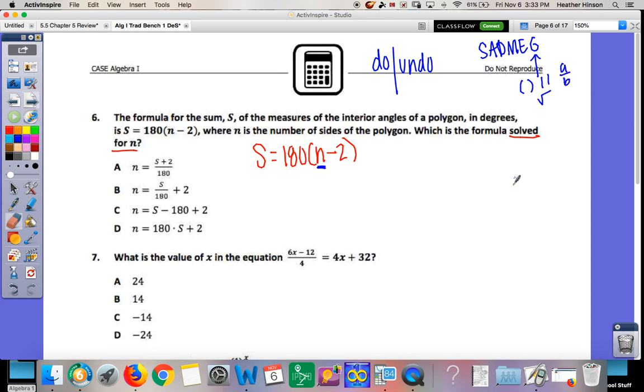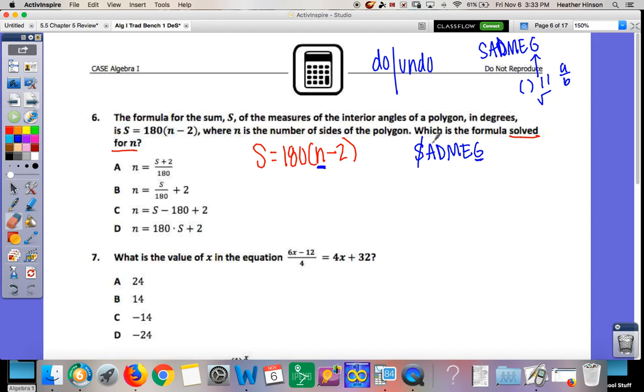All those grouping symbols. So I'm going to go with SAD-MEG. So do we have subtraction? Yes, but it's inside our group. And I'm not going to group yet because group is last. So outside of our group, we do not have subtraction.